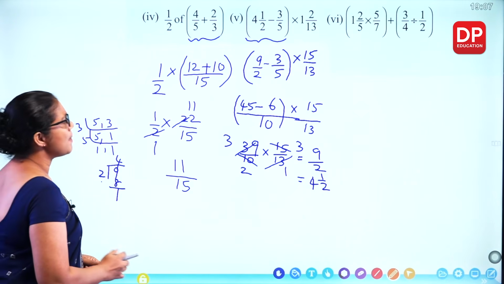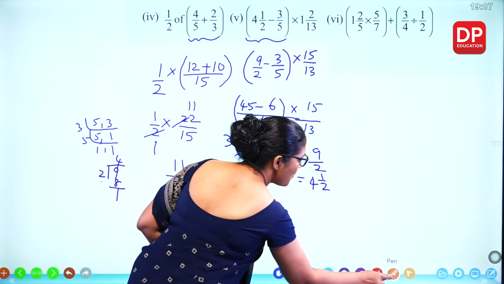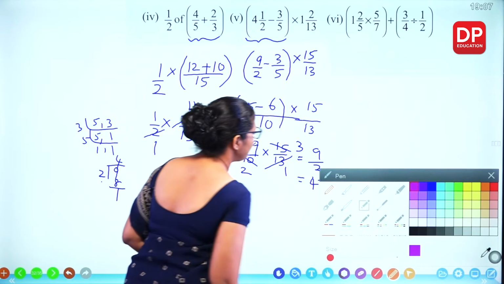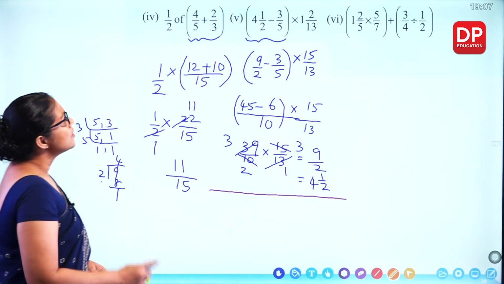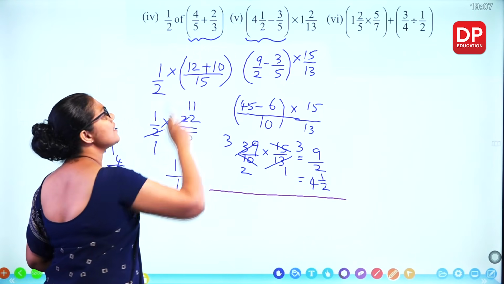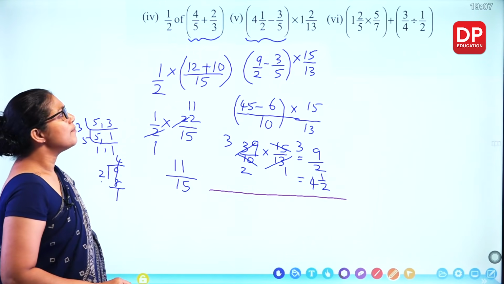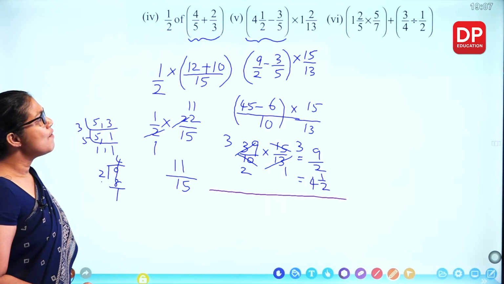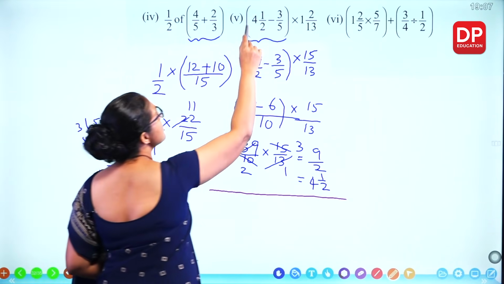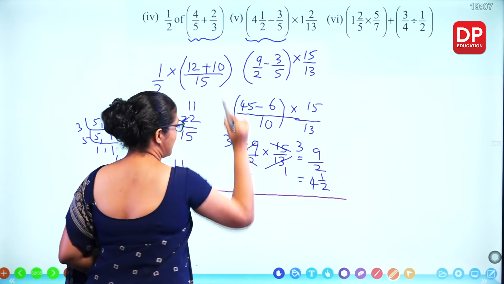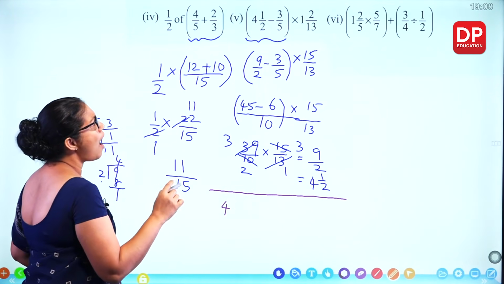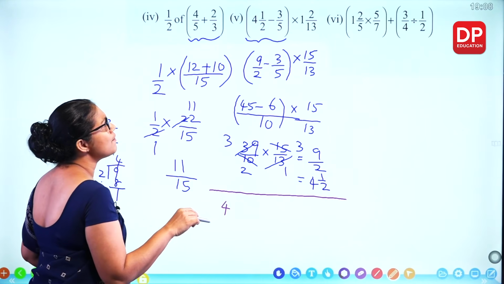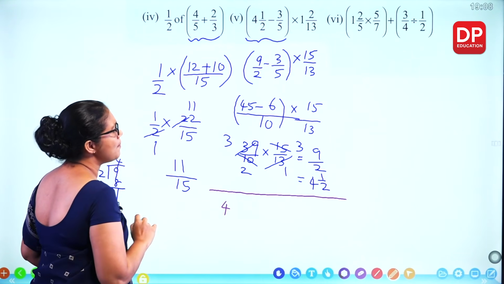So what's the next method? I'll teach you another method here. So here, without converting this to an improper fraction, we can write this as: take the 4, the whole number, and half and 3/4, you can convert to the lowest common multiple.